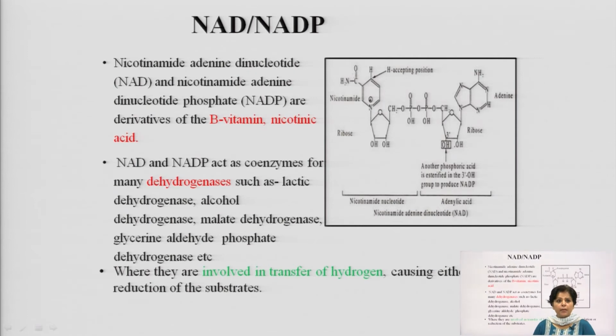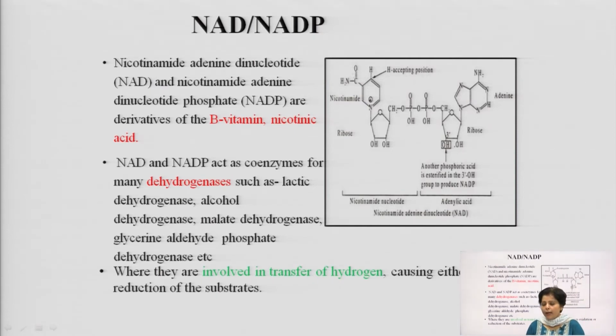NAD is nicotinamide adenine dinucleotide and NADP is nicotinamide adenine dinucleotide phosphate, and both are derivatives of vitamin B, that is nicotinic acid.